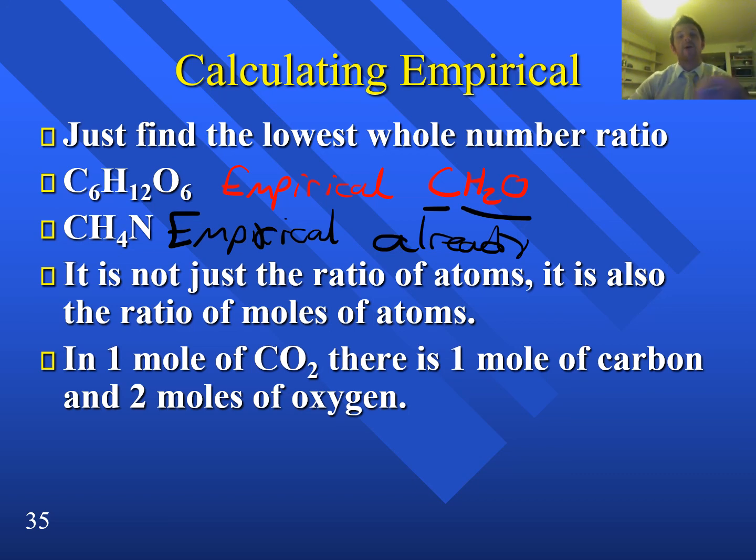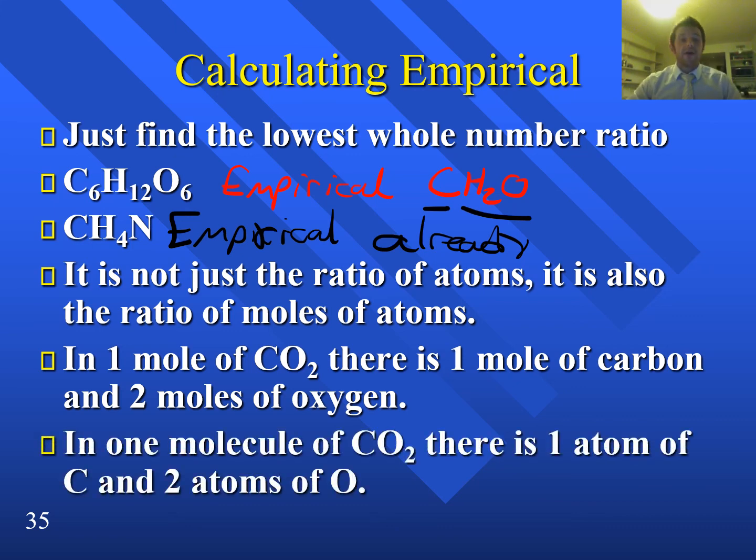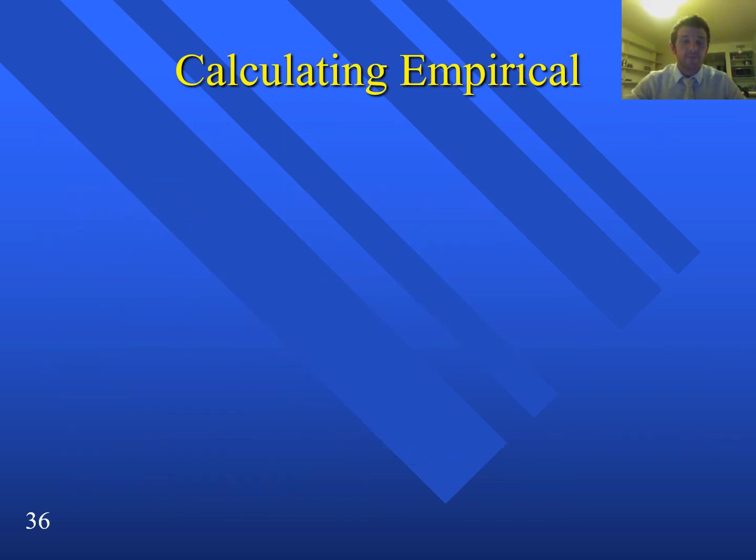So I can talk about the whole, and then I can also talk about the parts that make them up. In 1 molecule of CO2, there's 1 atom of carbon and 2 atoms of oxygen. Same idea. So I can split the one thing up into its 2 parts.